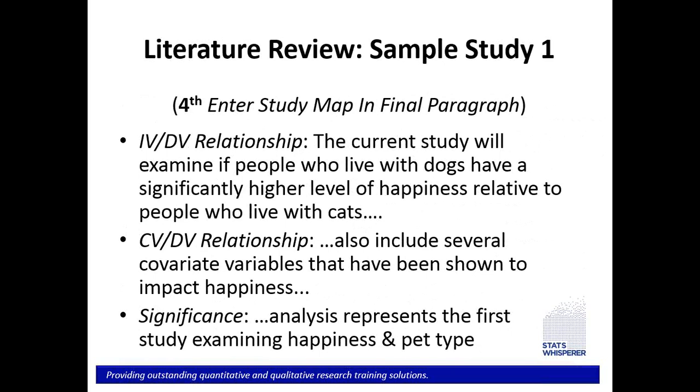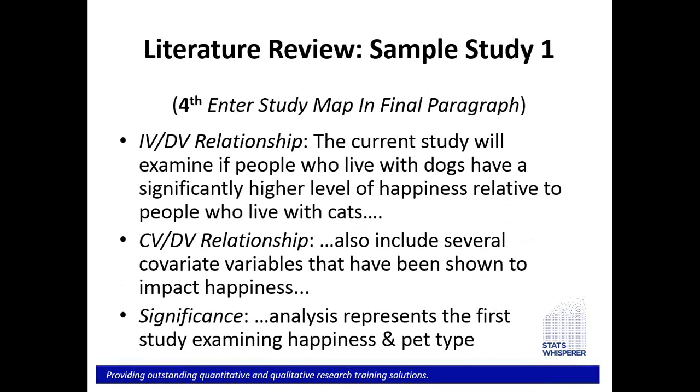Okay, so fourth, this is the last paragraph in the literature review right before the methods. And this is what it's for, to present our study map. So we present the independent-dependent variable relationship. So we say, the current study will examine if people who live with dogs have a significantly higher level of happiness relative to people who live with cats.